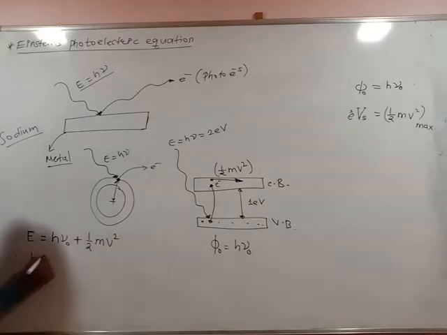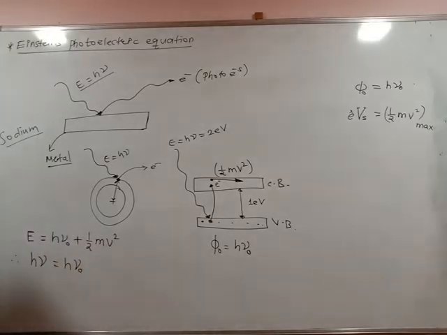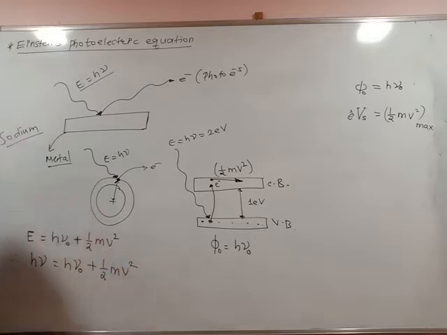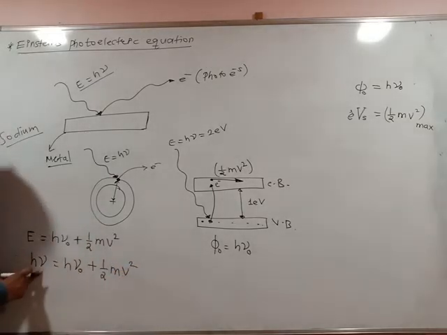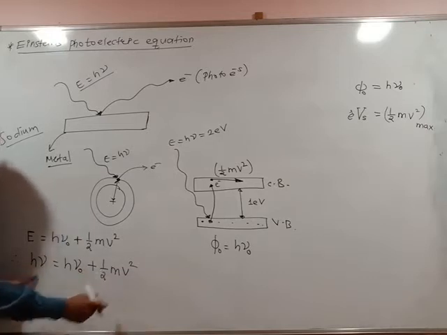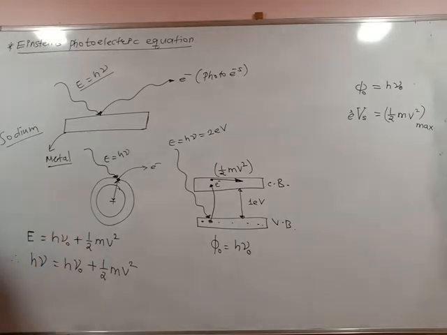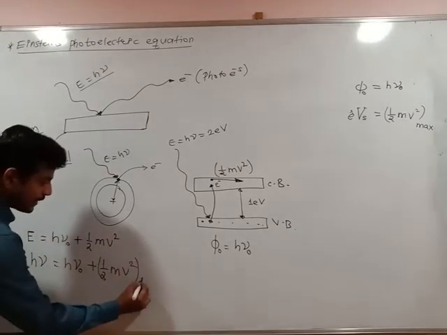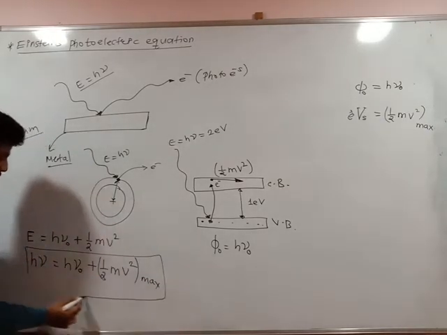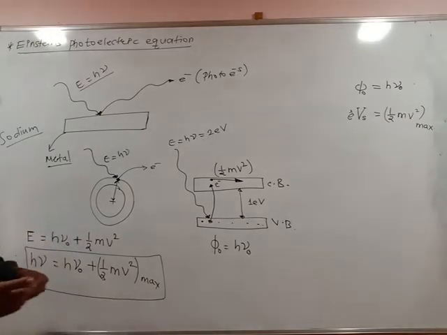So incident energy h nu is equal to work function h nu 0 plus 1/2 mv square. Out of the incident energy, part is used to eject the electron from the metal surface and part is used to increase the kinetic energy of the electron. So this is the maximum kinetic energy of the electron. Okay?